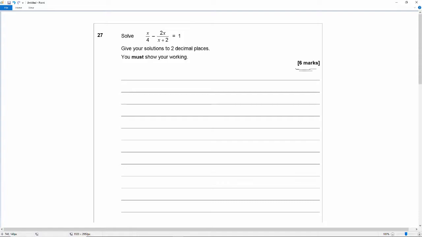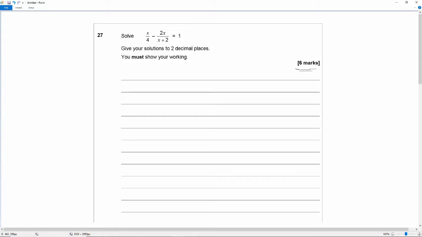Okay, so let's attack it like we would with any other algebraic fractions. We treat algebraic fractions just like we treat numerical fractions. So in order to subtract them, we make the denominators the same, and then we can just subtract the numerators.